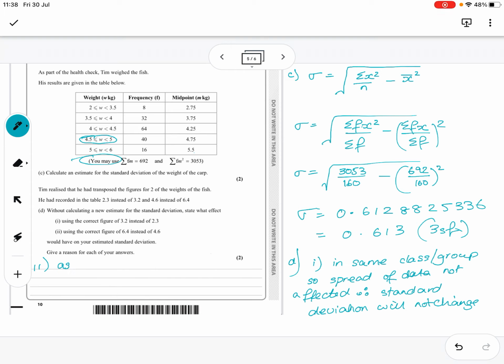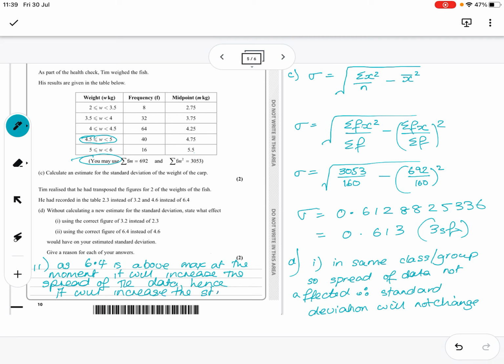As 6.4 is above the maximum at the moment, it will increase the spread of the data, hence it will increase the standard deviation. Good, hope that's okay.